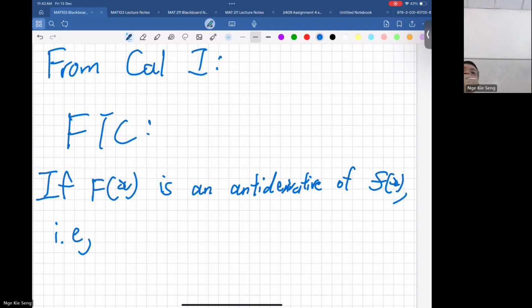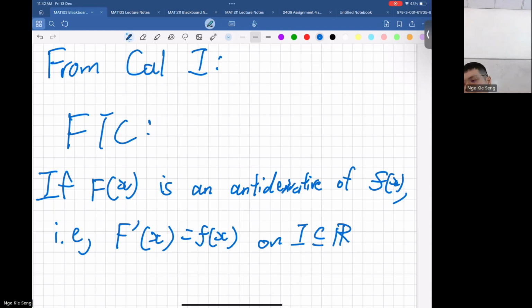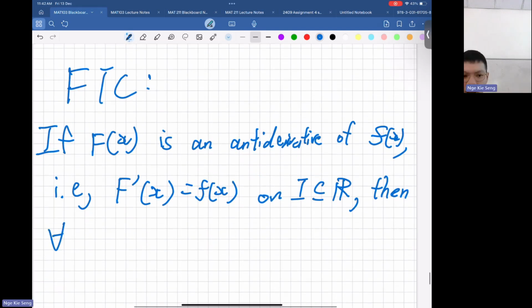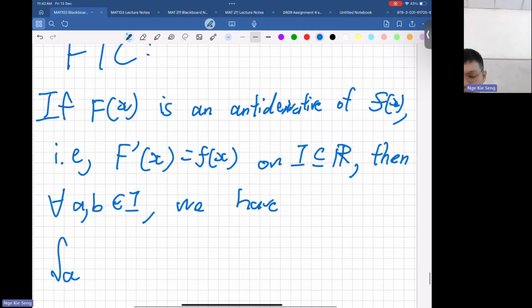Antiderivative. Derivative is prime, right? Differentiate. So what is an antiderivative? It means the derivative of capital F is the small f, on the interval I in R. Then for any a, b in I, we can try to compute the integral of this small f here.